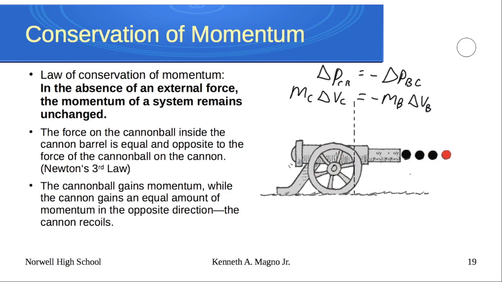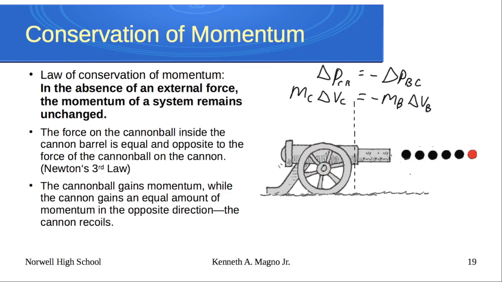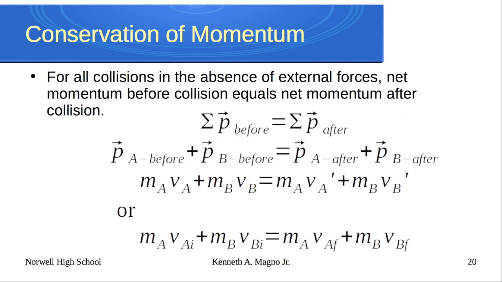So we can actually expand this out a bit more. Again, looking at this idea of the total momentum before a collision happens, we'll talk about this in terms of object A and object B instead of cannons and balls. So the momentum in object A plus the momentum in object B before the collision has to equal the same momentum in A and B afterwards.